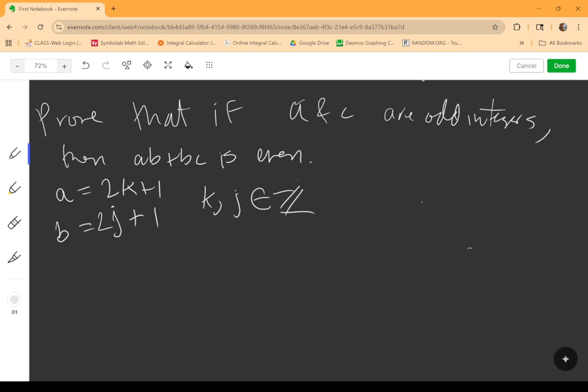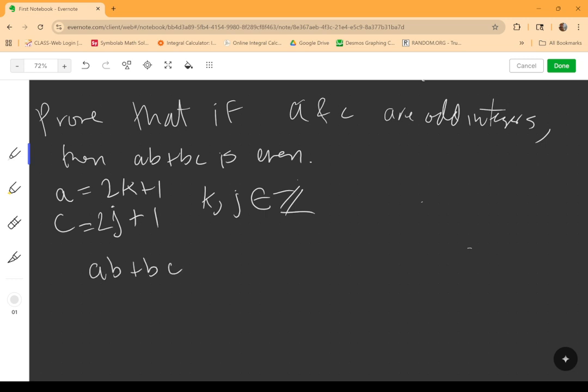And to be clear, if we're defining A in one way and C in a different way, we have to be clear about what we are trying to say. Hence the definition: K and J are integers. So now we have A is odd and, excuse me, I had the wrong letter, C is odd.